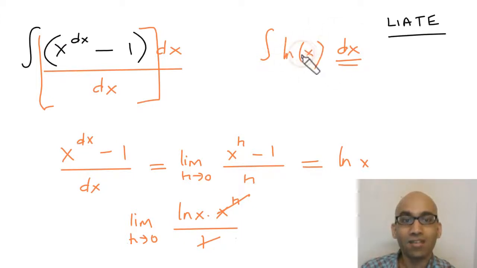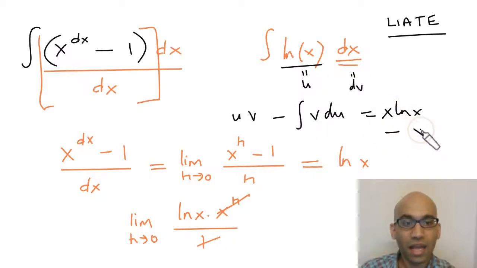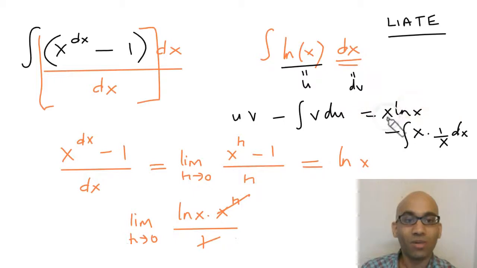You've got log of x here, so you use log of x to be equal to u, and then of course dx will be equal to dv, and then you can use uv minus integral of v du, which is equal to log of x times x minus x divided by x dx. I'm doing it very fast here, but take your time and convince yourself this is the answer. And so it is equal to x log x minus x plus a constant.